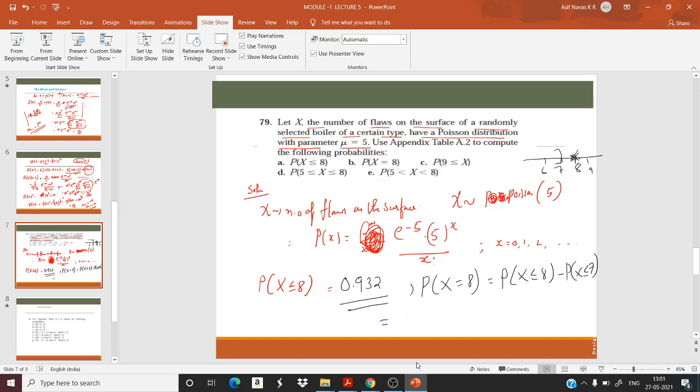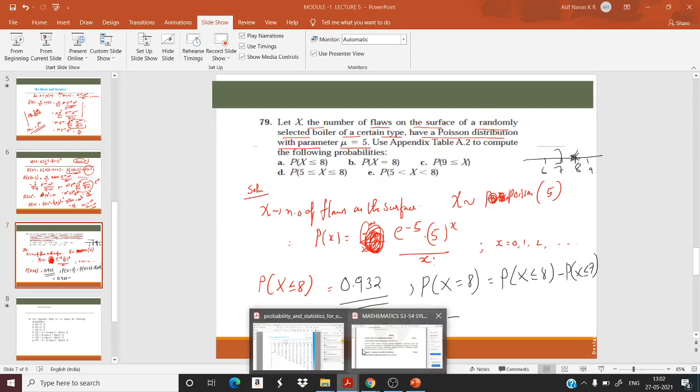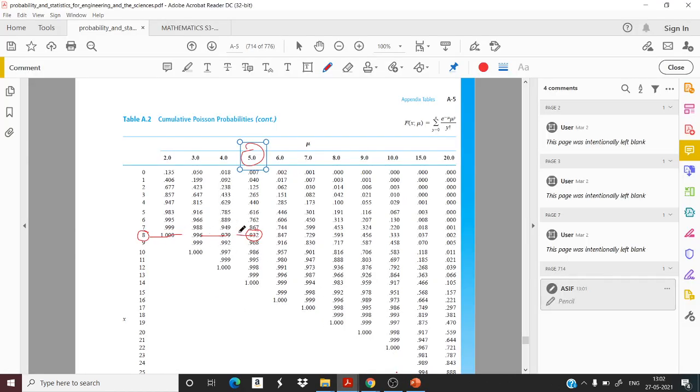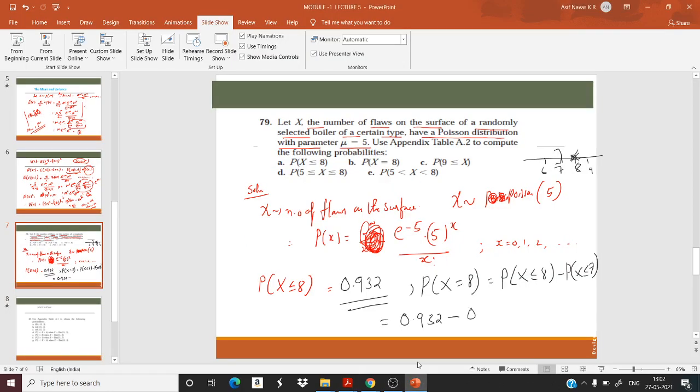So p of x less than or equal to 8 minus p of x less than or equal to 7. For 7 we will get here 0.867.